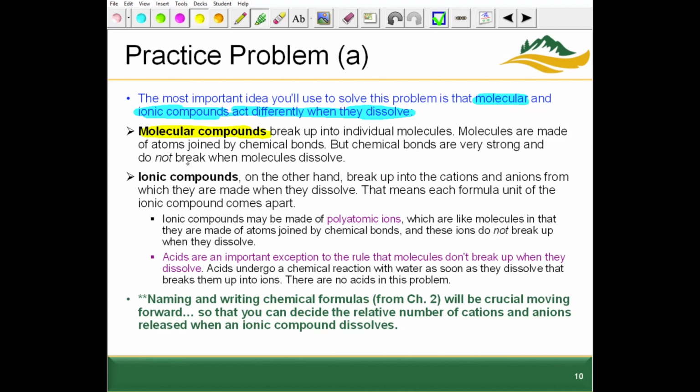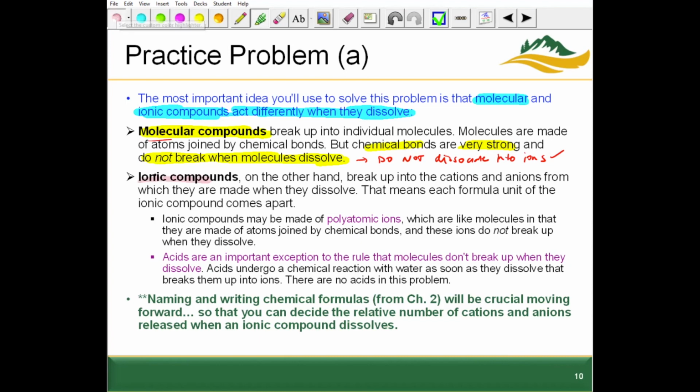The molecules are made of atoms joined by chemical bonds, but these chemical bonds are very strong and do not break when molecules dissolve. The way that you can interpret this is they do not dissociate into ions. They do not dissociate into ions or charged species if they're a molecular compound.